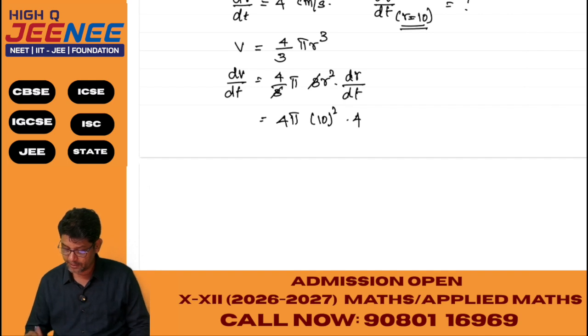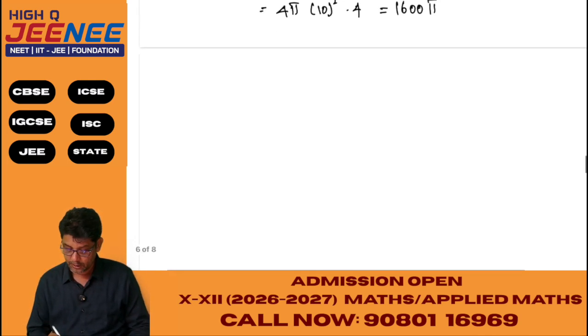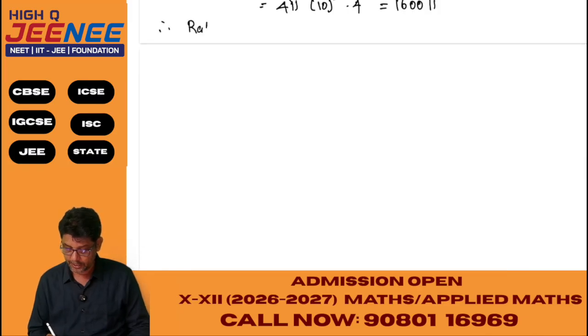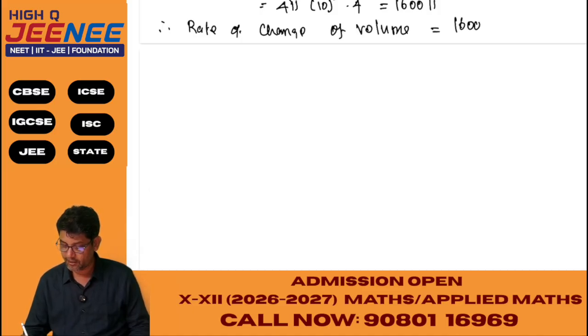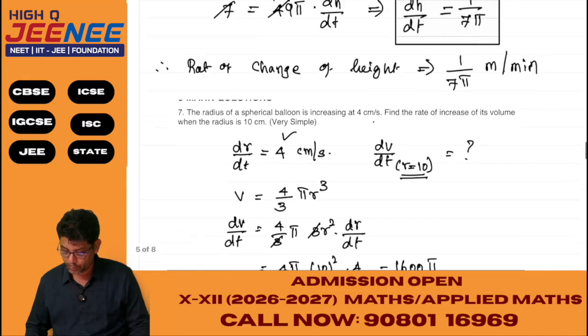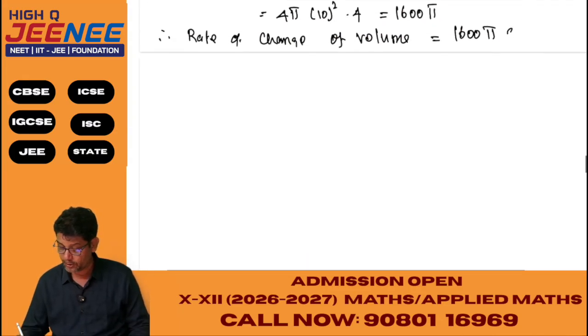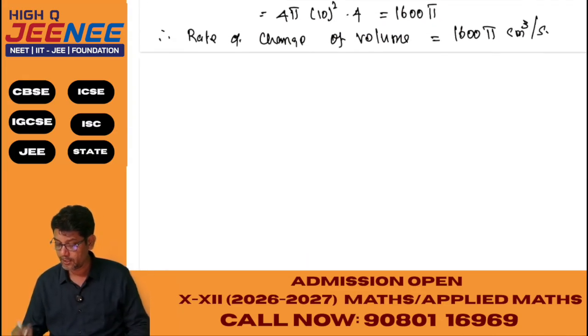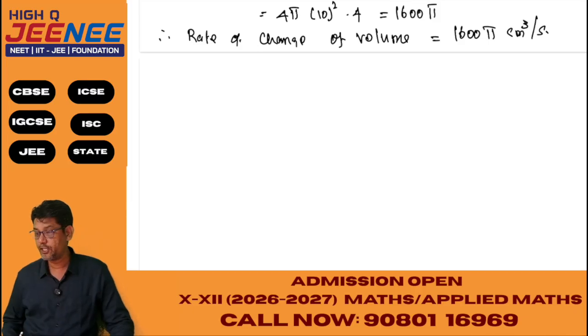So it is nothing but 1600. Therefore, the rate of change of volume is equal to 1600 pi. What is the unit? Centimeter cube per second. I hope you all understood this, my dear.